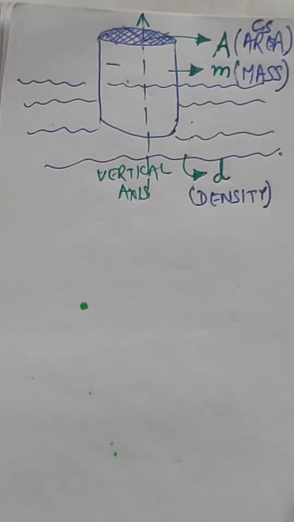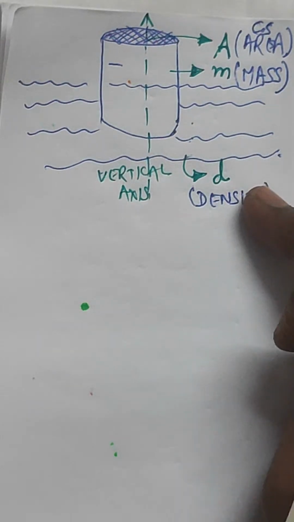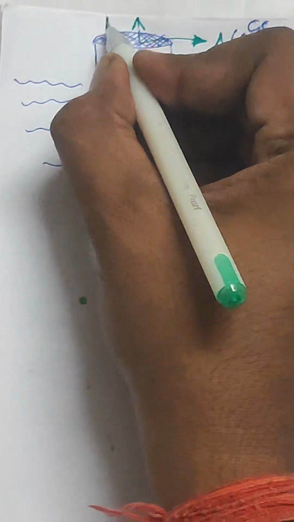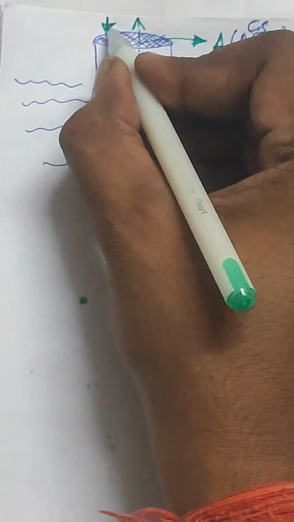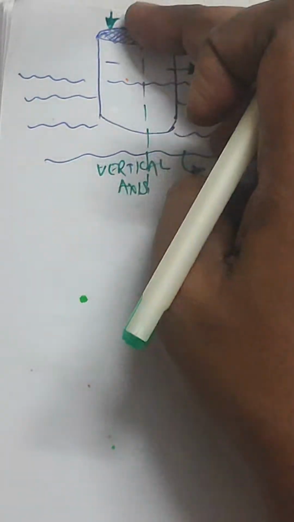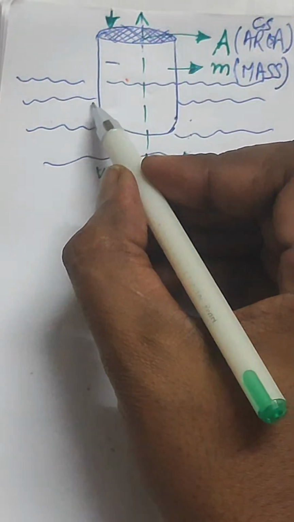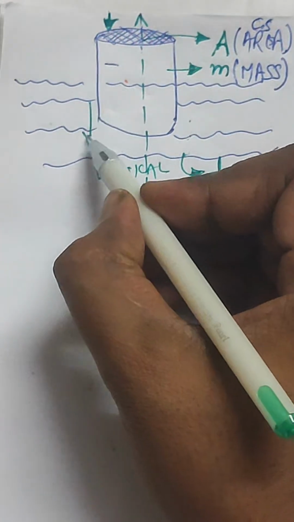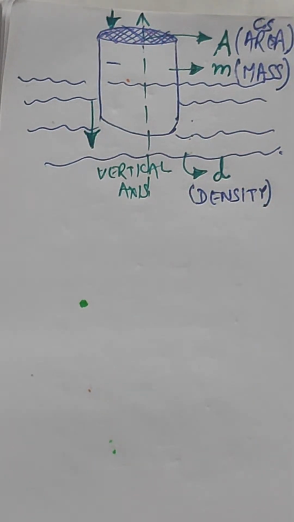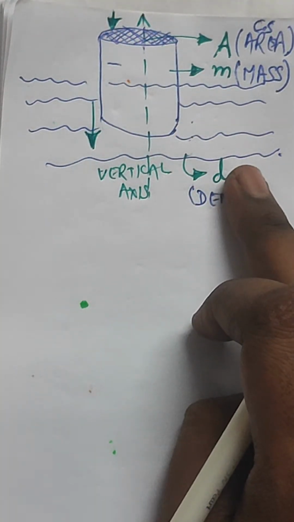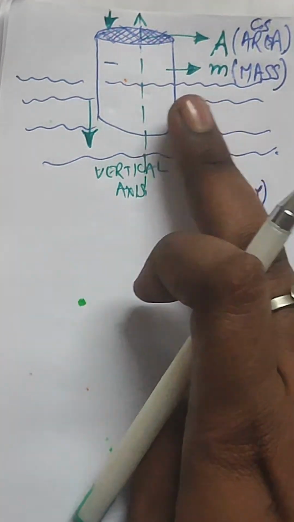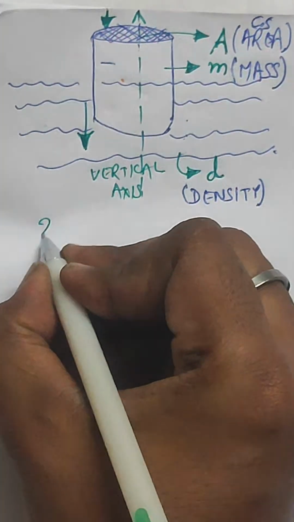here it's given that it is pressed down slightly and released. So from here if you apply some force and press it down slightly and release it, you can see this cylinder is going down, right? When this goes down, the cylinder immersed in the liquid is acted upon by two forces.